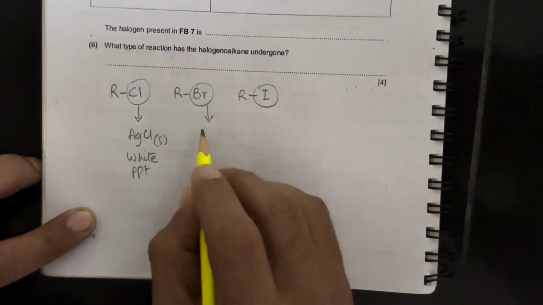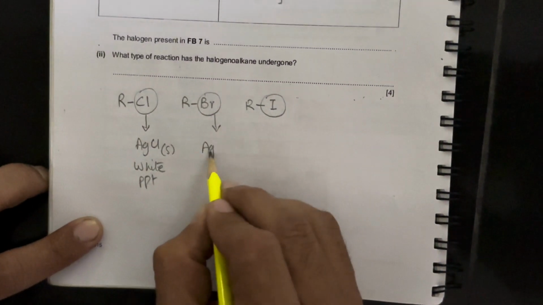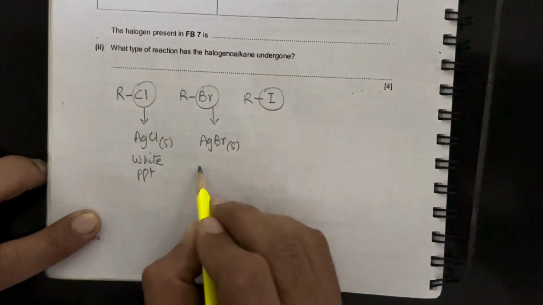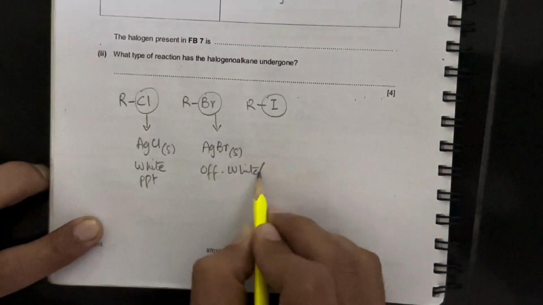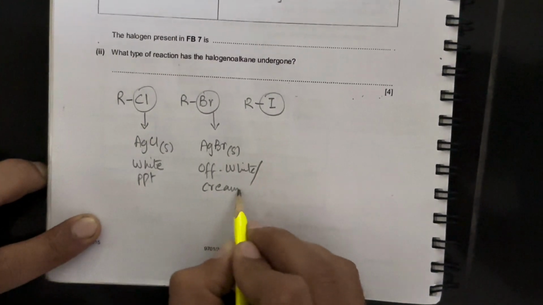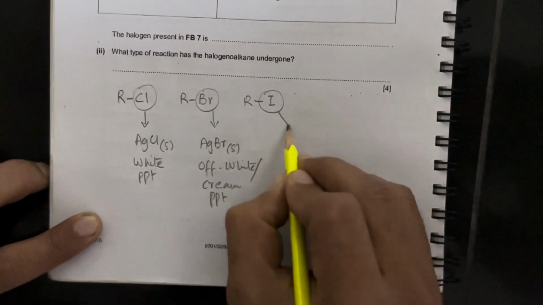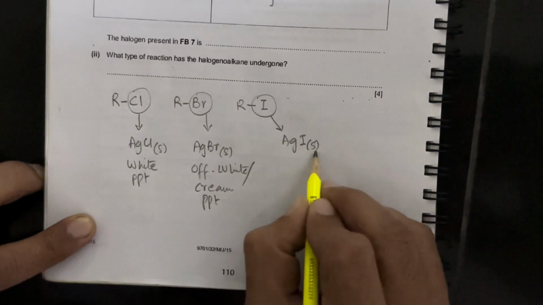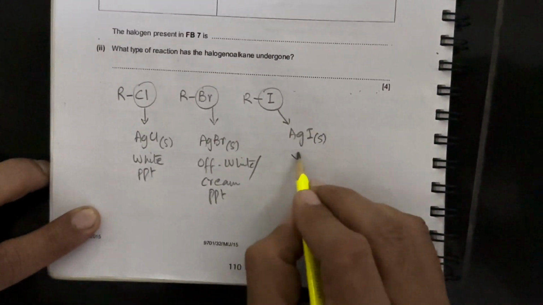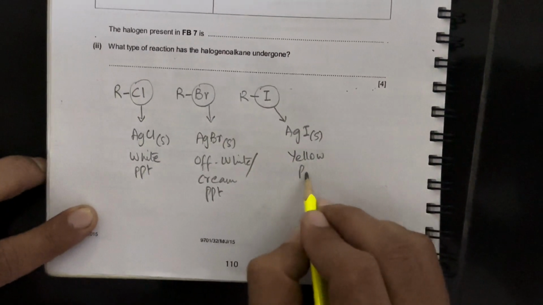And if it is bromide, the precipitates are silver bromide, and they are off-white to cream. And if it's an iodide, the precipitates are of AgI, and silver iodide precipitates are yellow.